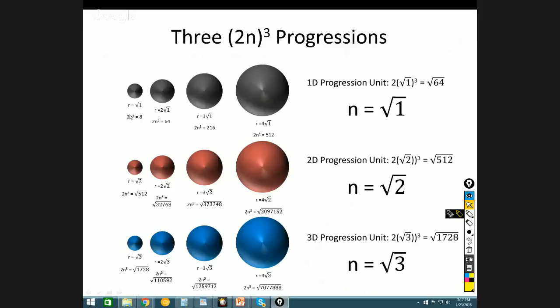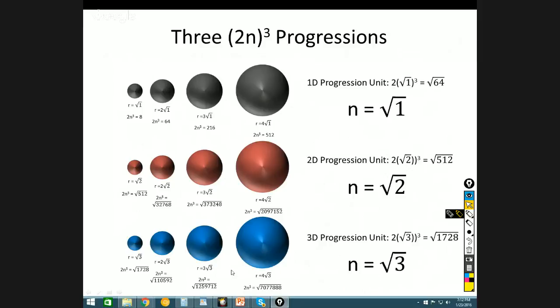Normally we think of n here as 1 or the square root of 1, and we normally just write that progression as 8, 64, 216, and 512. But at the same time, we have these other diagonals that are expanding. So in the two-dimensional case, that diagonal is the square root of 2. So we go square root of 2, 2 times the square root of 2, 3, and 4 times the square root of 2, which gives us these numbers here.